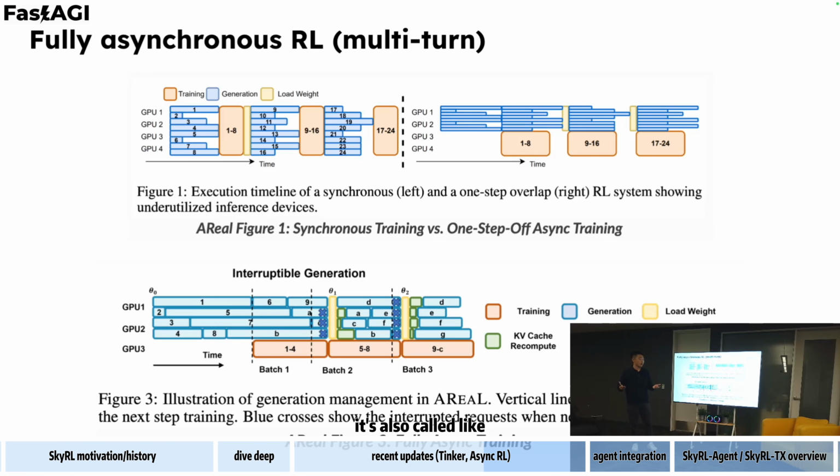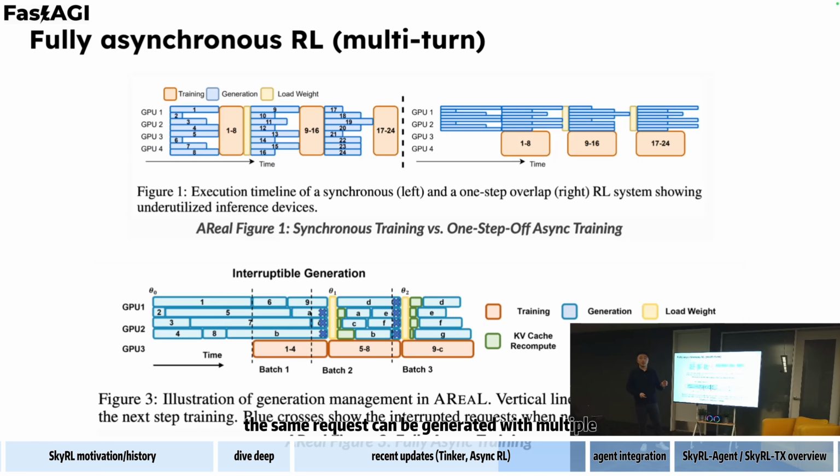It's also called in-flight weight update RL or preemptible generation, etc. But the idea is that I generate, and as soon as I finish generating a mini batch size of requests, I kick off the training worker, and right after the training is done, I pause the ongoing generation, update the weights, and then continue those requests with the new weights.